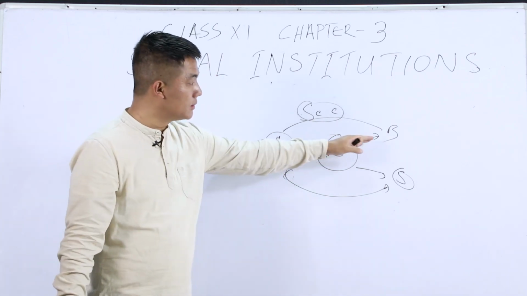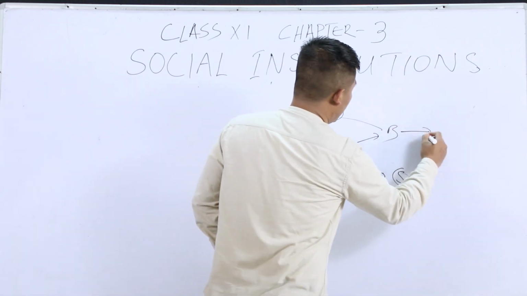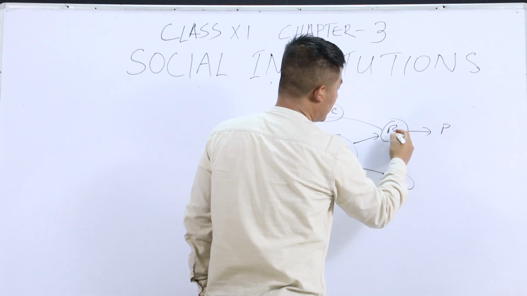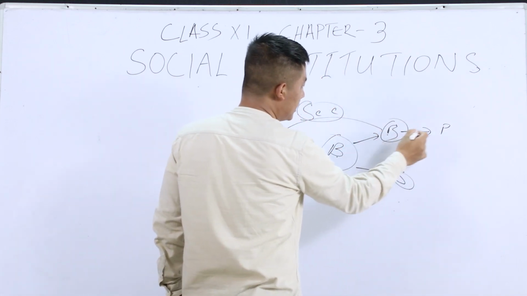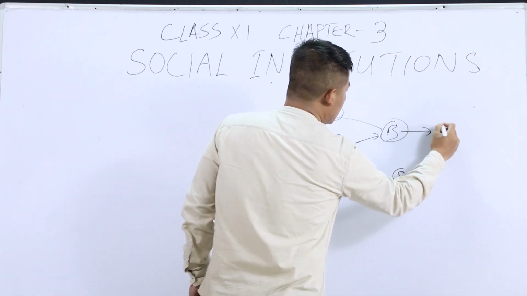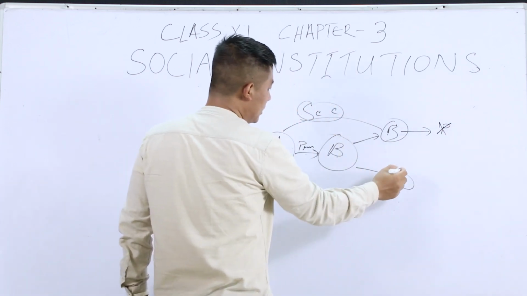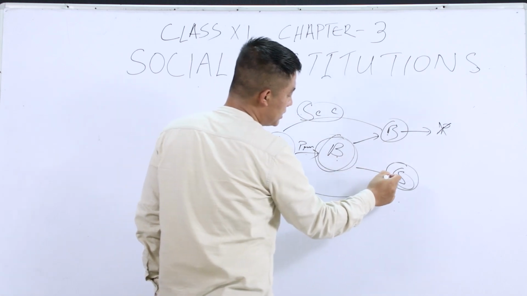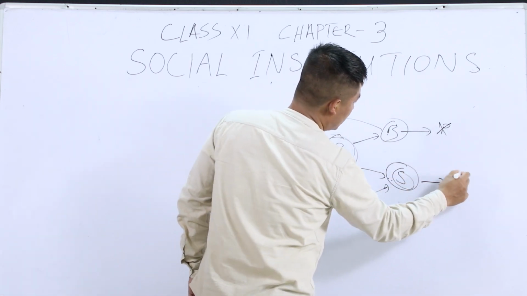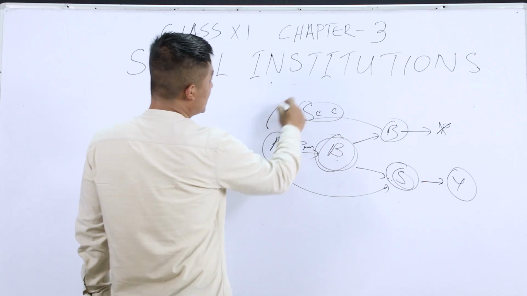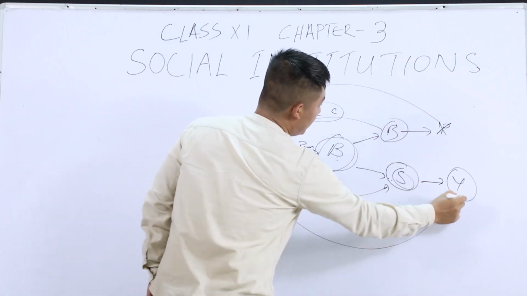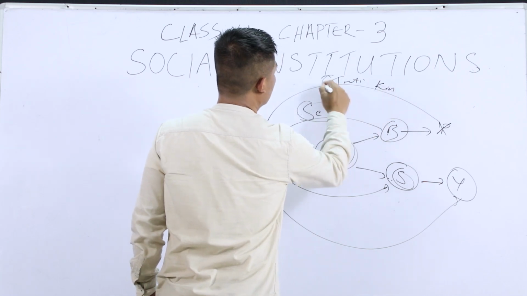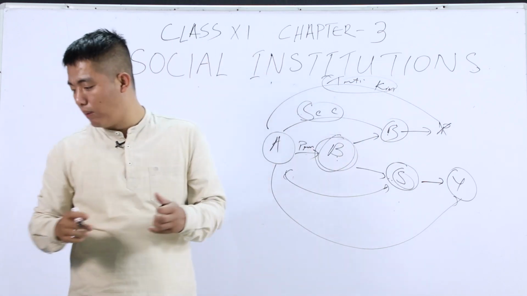For example, Miss B's brother is married to Miss X, and Miss B's sister is also married to Mr. Y. Now, this type of relationship can be called tertiary kin. So in this way, it is expanded here.